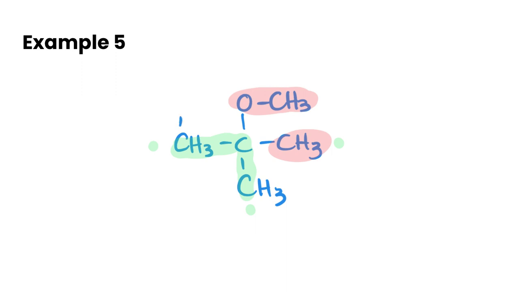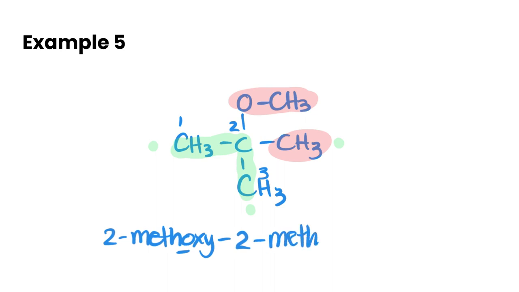It doesn't matter where we start numbering, because both will give us the same numbers. We have a methoxy group on 2 and a methyl group on 2. At this point, we're following rules for alkanes, so we go alphabetical, and methoxy comes before methyl because of the O versus the Y. So we're going to have 2-methoxy-2-methyl, and then it's a 3-carbon chain, so propane.